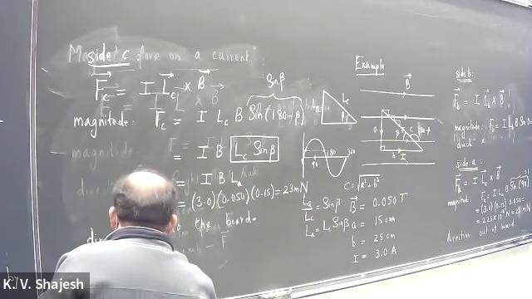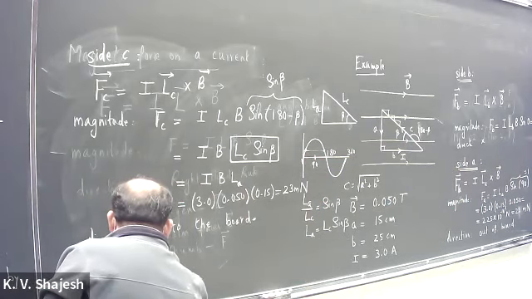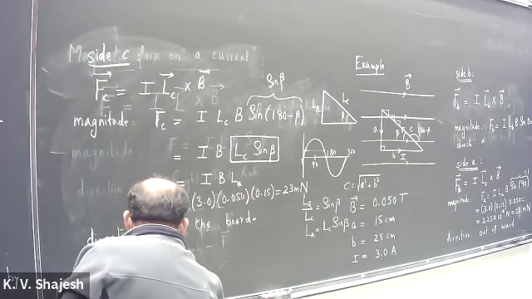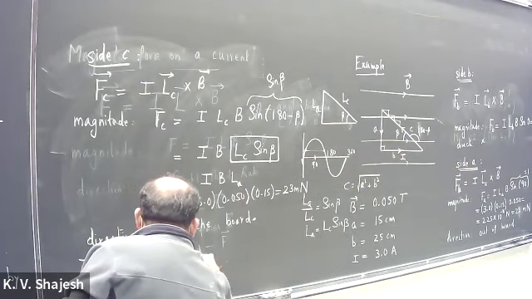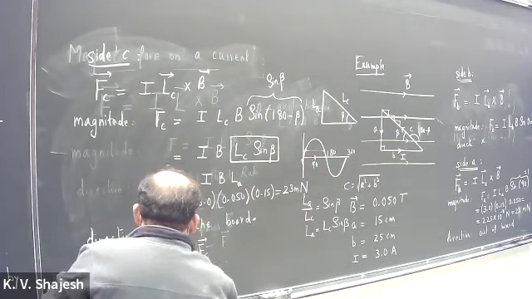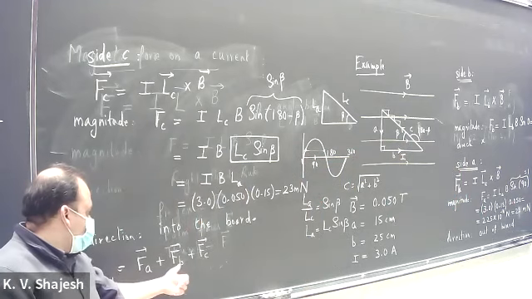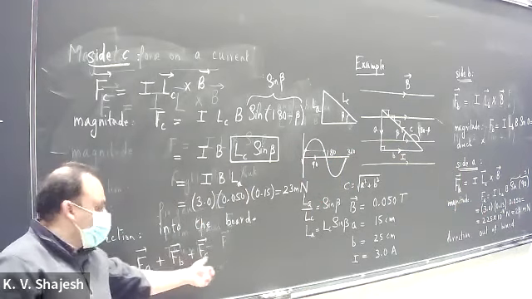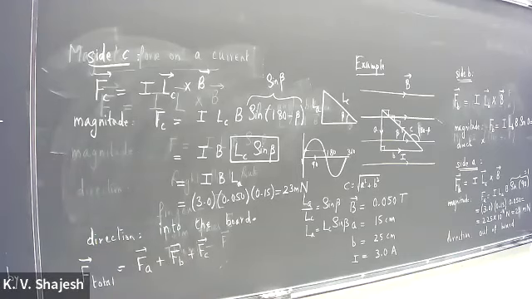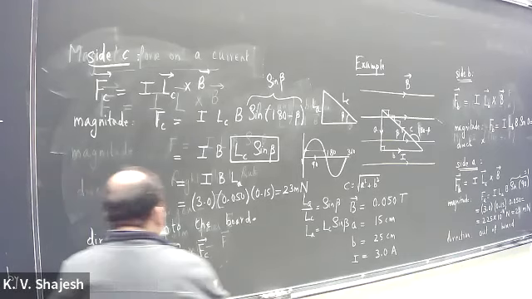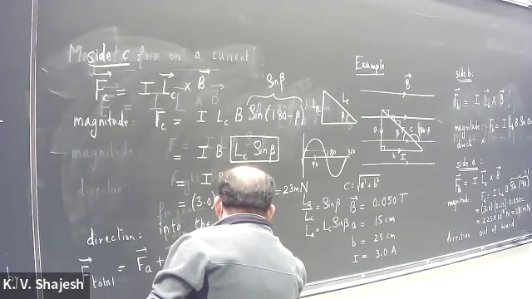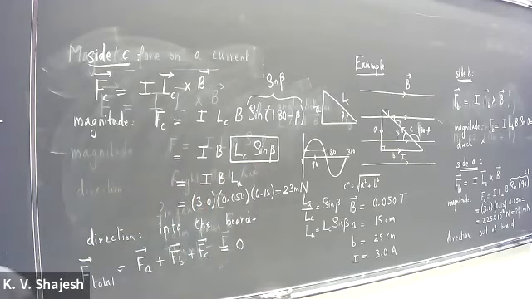But we are seeing that FA plus FB plus FC, if we take care of the directions and the magnitude, is exactly 0. These two are acting in the opposite direction. So this is exactly equal to 0. So this is not going to move.